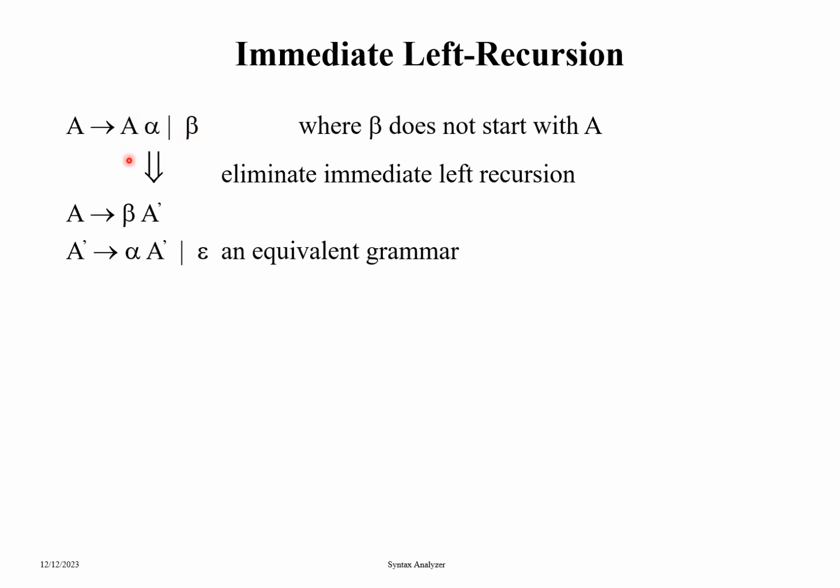So A is the immediate left recursion, and I need to replace A. A produces beta A dash, and this A dash produces alpha A dash bar epsilon.